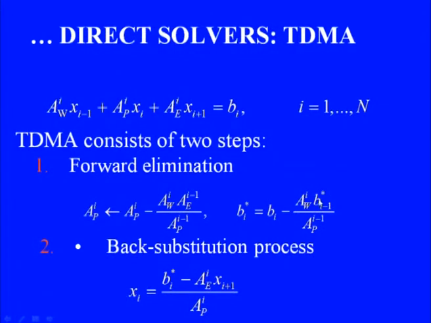This division can be done only once, and this local variable can be multiplied with respective entries. So in forward elimination, we modify the diagonal coefficients APi, and as a consequence our right hand side also gets modified. Once we have completed this, we can easily get our solution by the back substitution process.